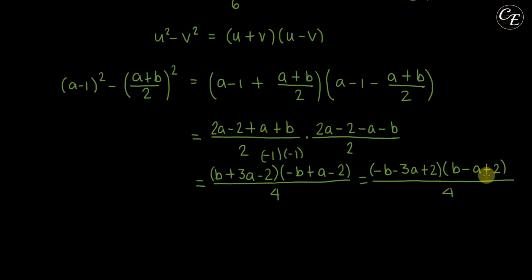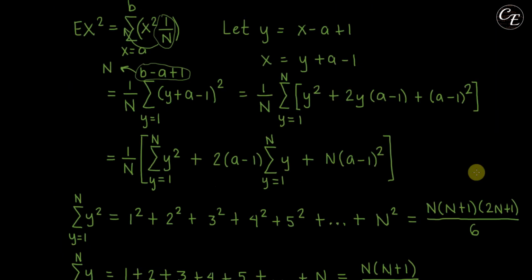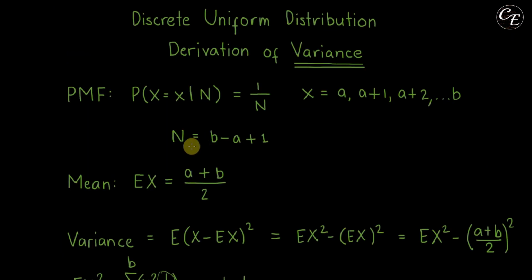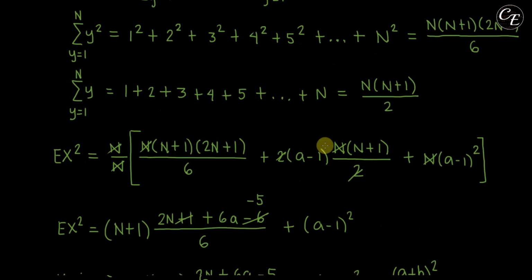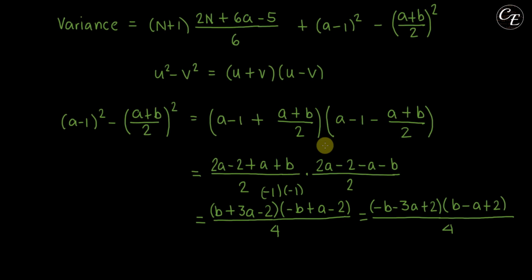Then for this b minus a plus 2, in here n is equal to b minus a plus 1, and if we add 1 on this n, we have b minus a plus 1 plus 1, or b minus a plus 2. So for b minus a plus 2, it is n plus 1. So in here, this b minus a plus 2 is n plus 1. So now we have this expression in here to be equal to this.